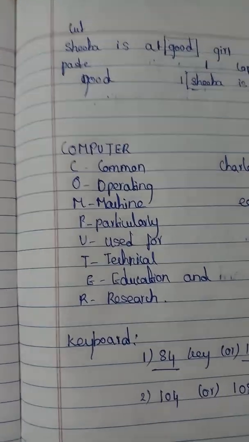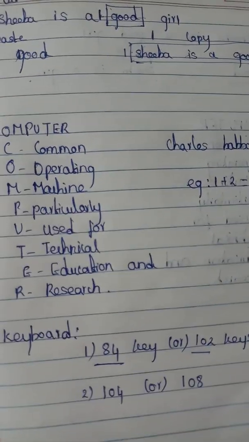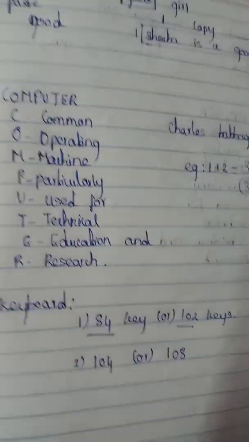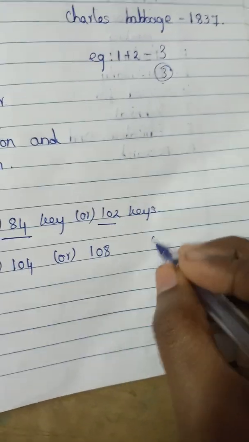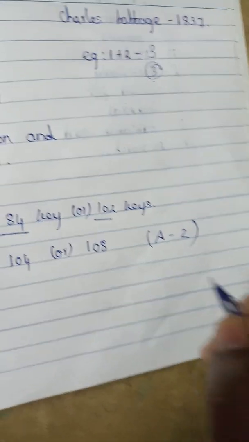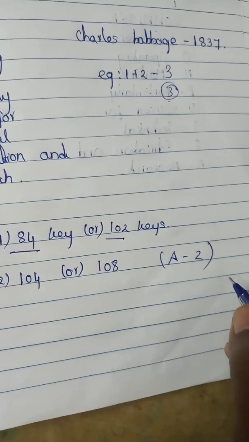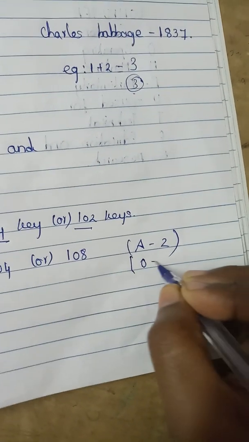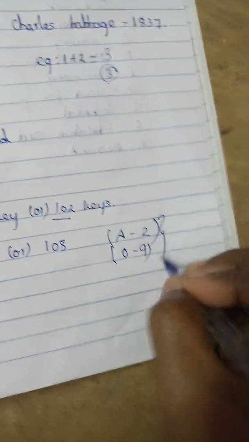Okay, what are the keys on the keyboard? We all know about the alphabetic keys, A to Z. The main thing is the alphabet keys. And then numbers, 0 to 9, which is very important.